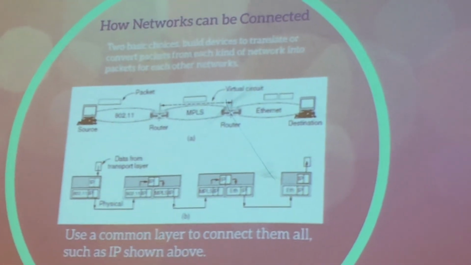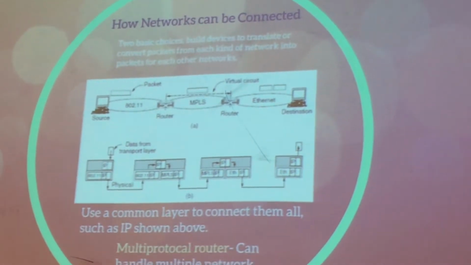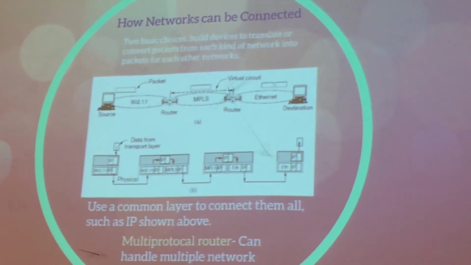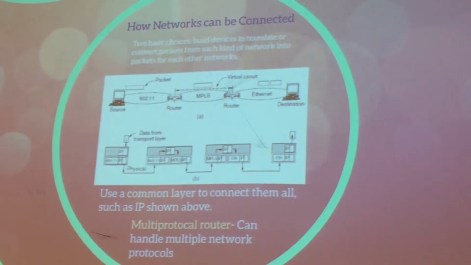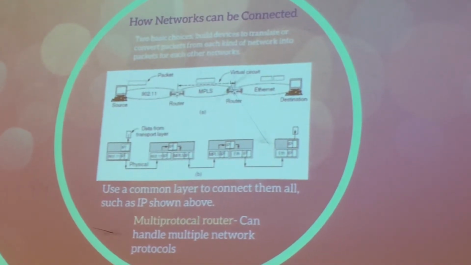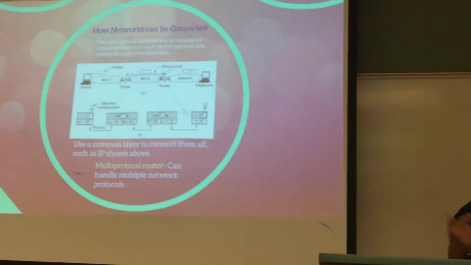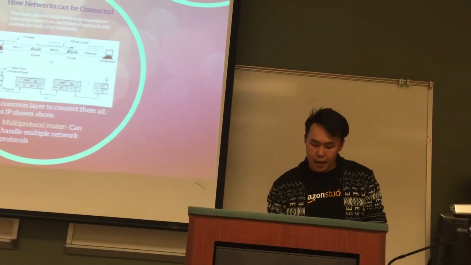So the router can understand different network protocols, because now we have a common network protocol which is called IP, but there are different networks, for example IPX, SNA, and also AppleTalk networks.